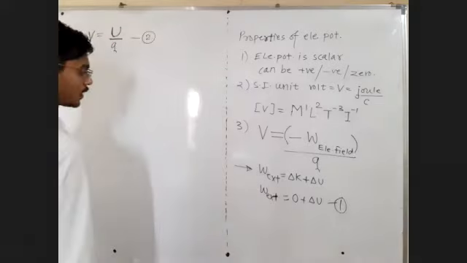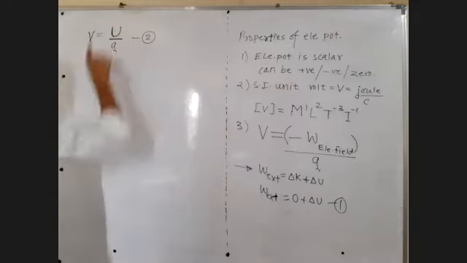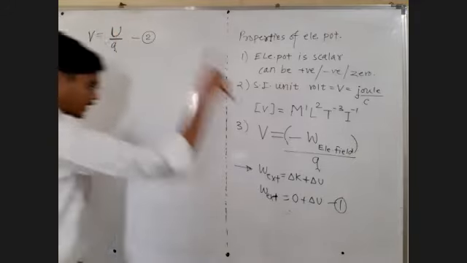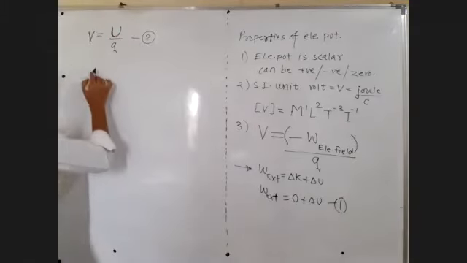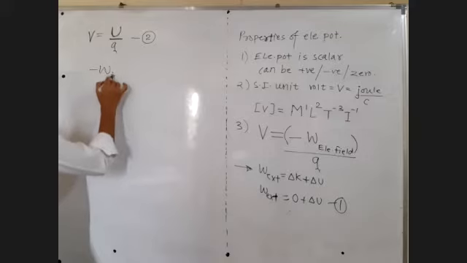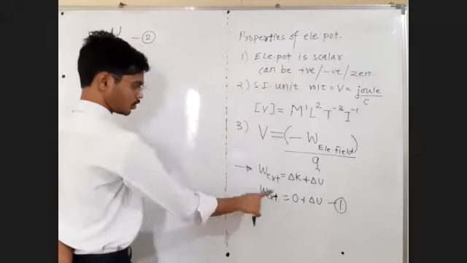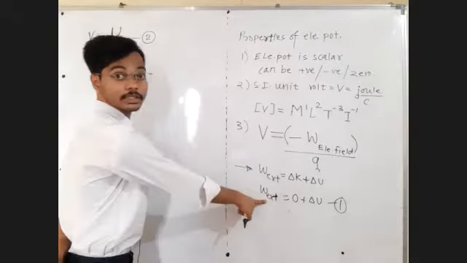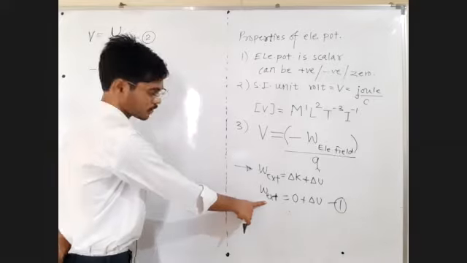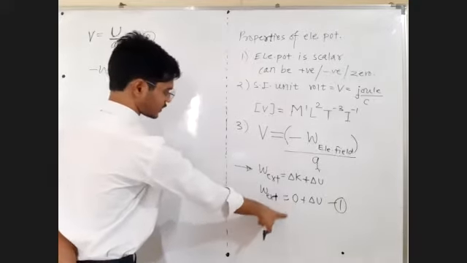Now, let us replace this U, and for that, let us use this equation once again. Now the external forces will do the work against the internal forces, and of course we are not changing the kinetic energy.